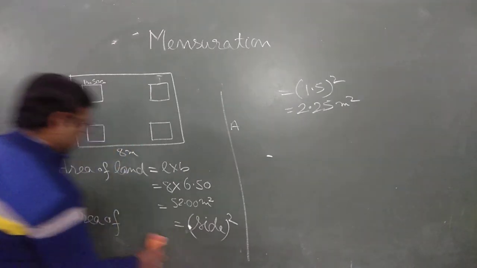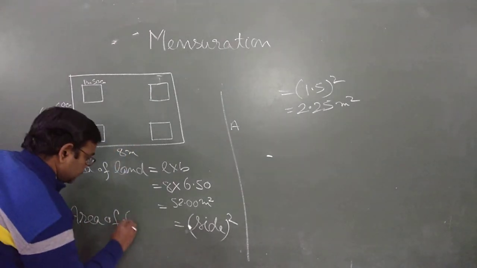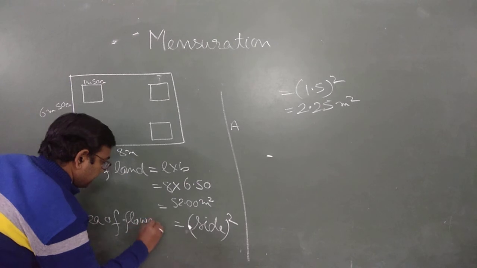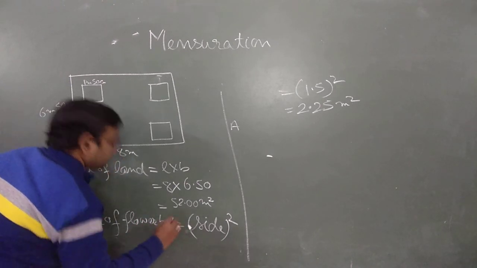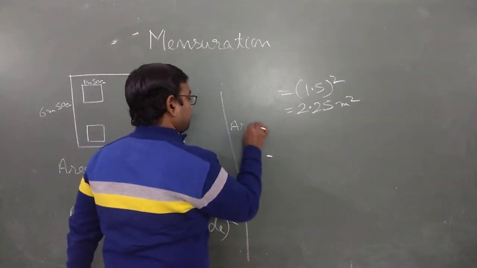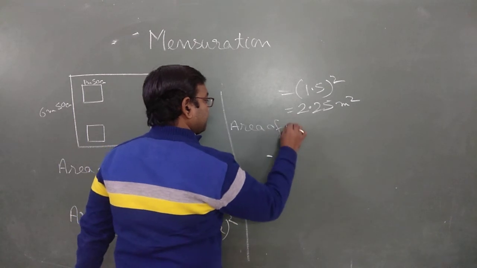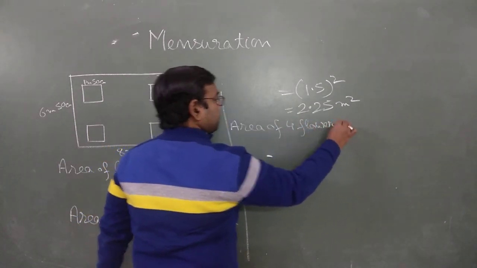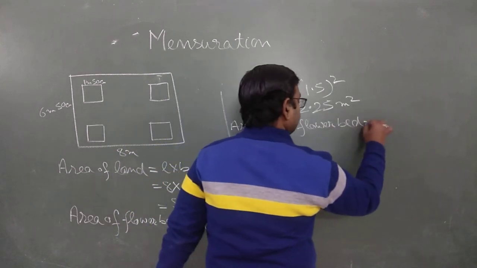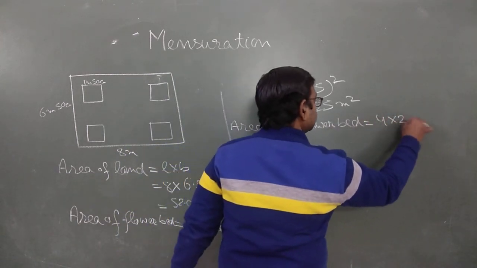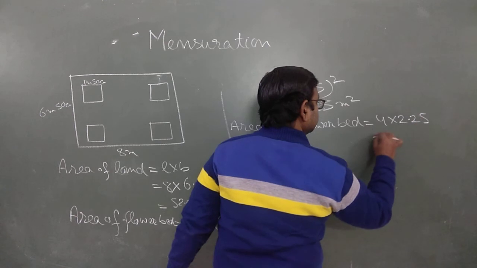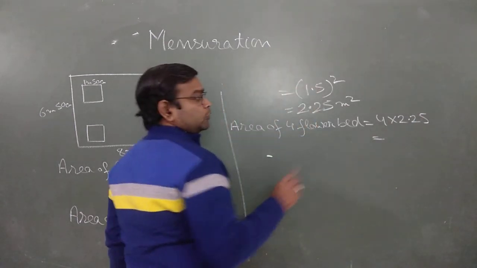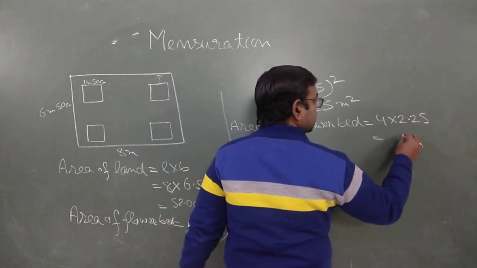This is a flower bed. It's 4 into 2.25. Clear? 4 times 2 is 8, 1 9, I think.